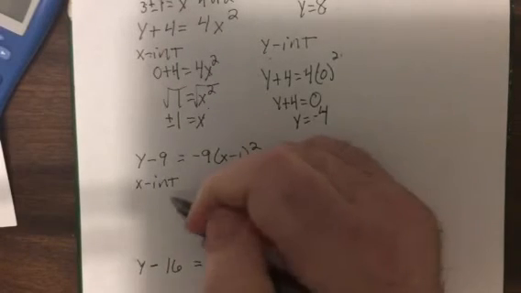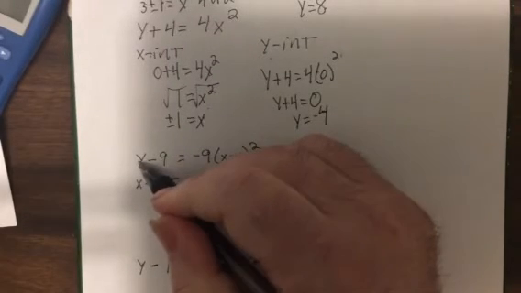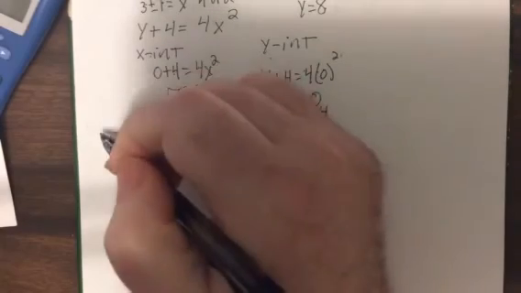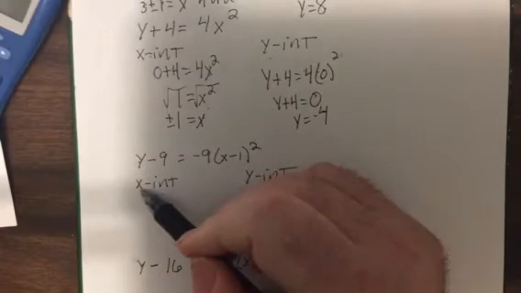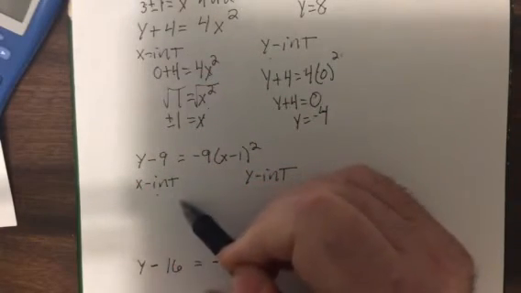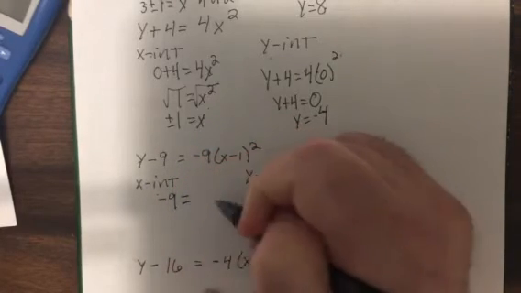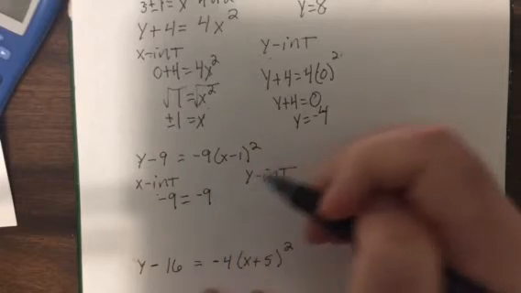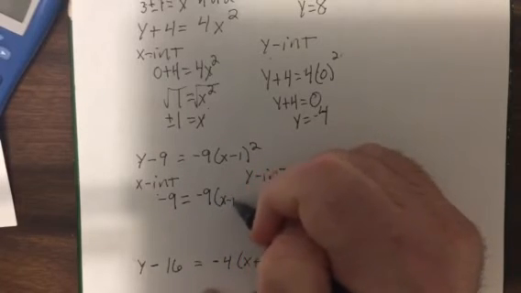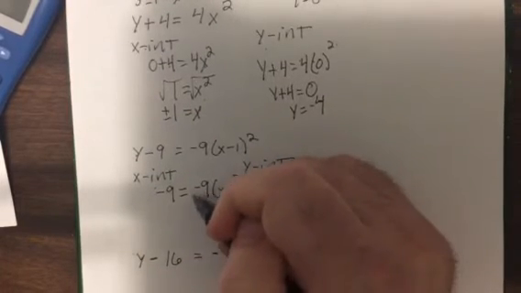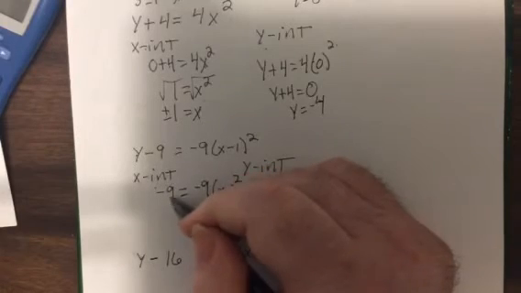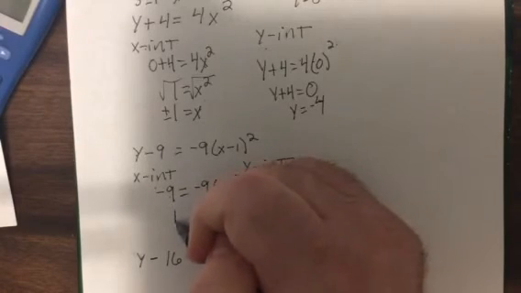So this one, x-intercept, put 0 in for y. Always put it into the other variable, because x-intercept means you're going straight left and right, so you're going up and down none. So negative 9 equals negative 9 times x minus 1 squared. Divide both sides by negative 9 to get the square by itself.